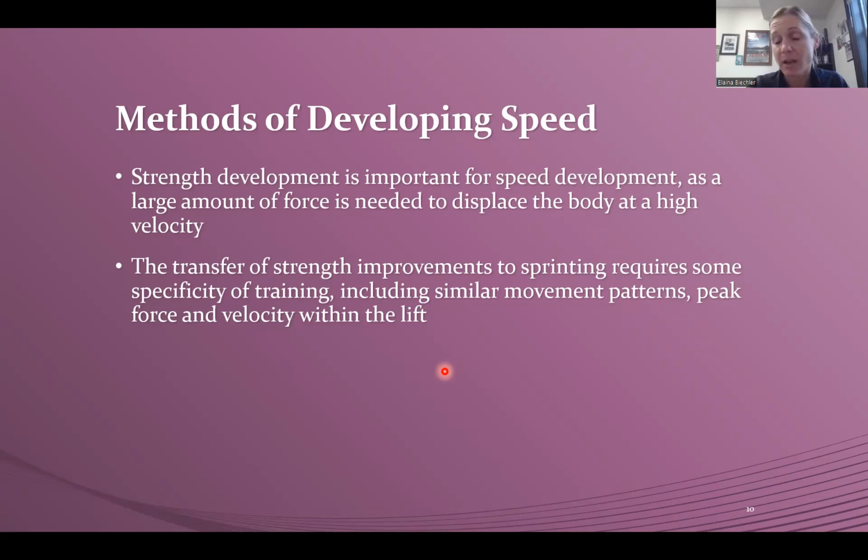Because again, it never hurts to be fast. Pretty much in most sports, having speed and a high absolute velocity is a huge advantage. So thinking about how we can incorporate that into their year-round plan, there's never a bad time to be fast. So thinking about how we could use this more as a mode to allow our athletes to continue to improve.